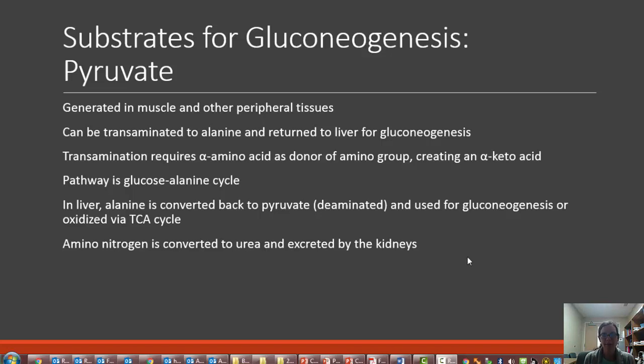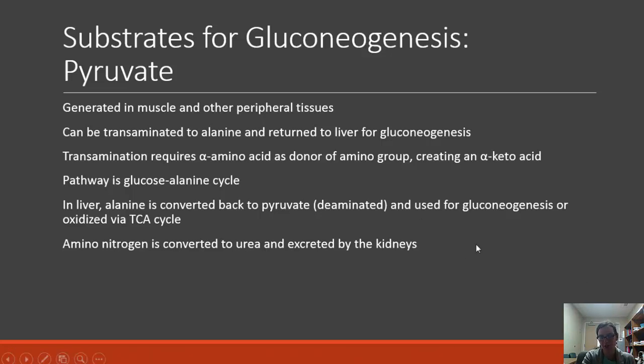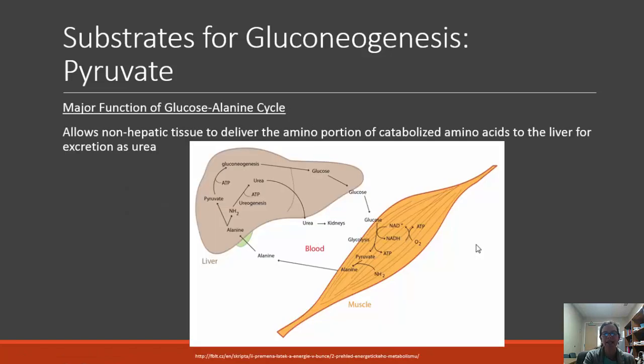Pyruvate can then be used for gluconeogenesis in the liver, or it can be oxidized in the TCA cycle. And then the nitrogen that was taken off can be converted to urea. Again, we're going to talk a lot more about this process in the protein section.